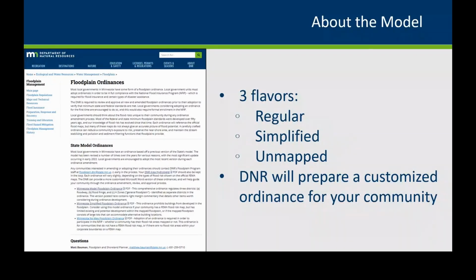So we have our ordinance posted on our floodplain ordinances page, and there's 3 different versions of floodplain ordinances. We have our regular version, that's our full version that incorporates all of the basic floodplain standards, and that's probably what 80 or 90% of the communities use. And then we have a simplified version, which is for those communities that don't really have a lot of development potential.